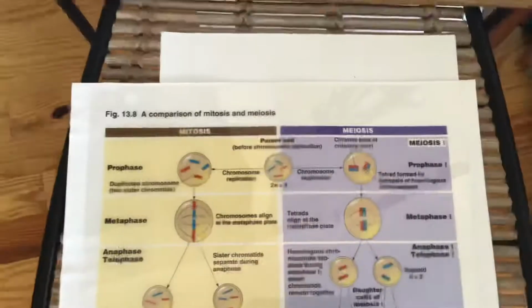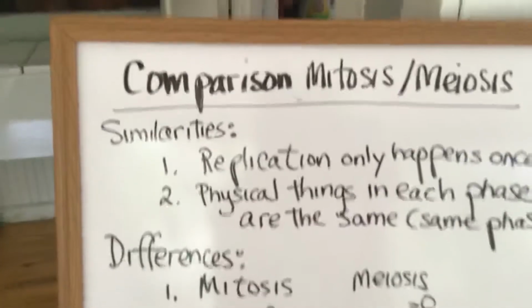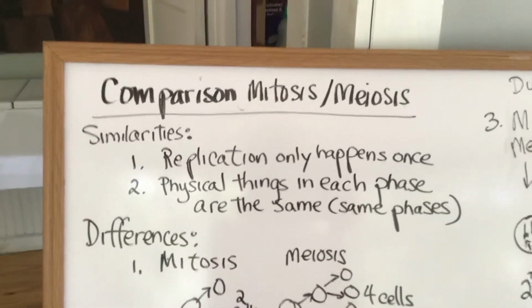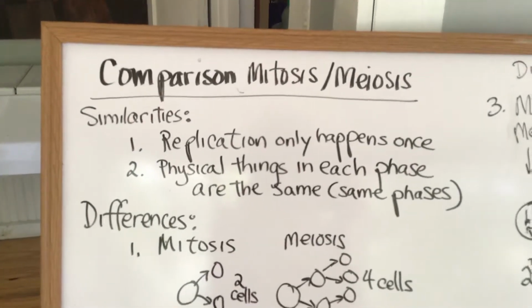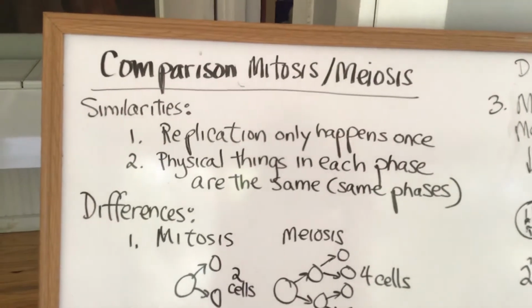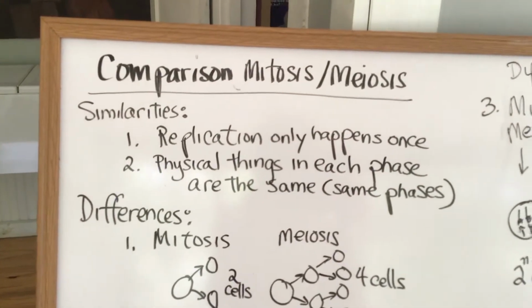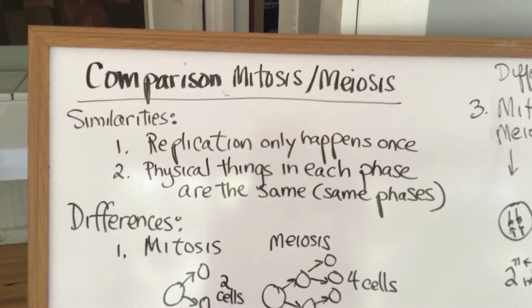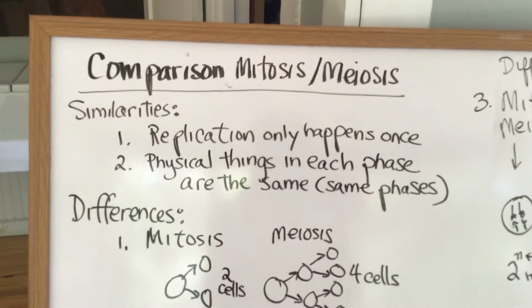Let's look at some other things in comparison, all right? So first of all, we have some similarities. The similarities are that the replication process only happens once. That would be in synthesis of interphase 1 for meiosis, or in synthesis of interphase if we're just talking about mitosis.